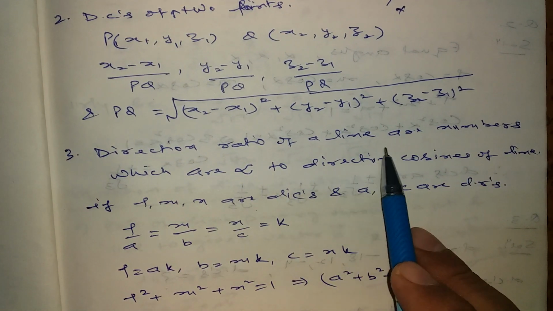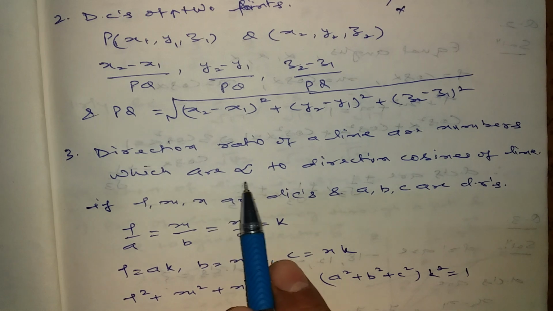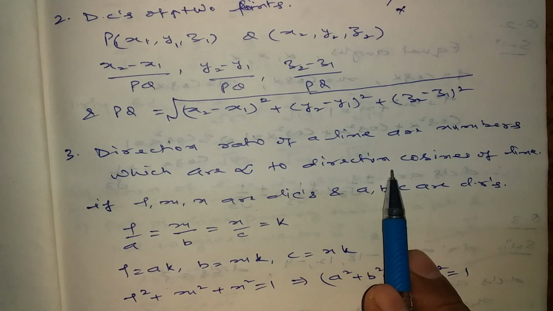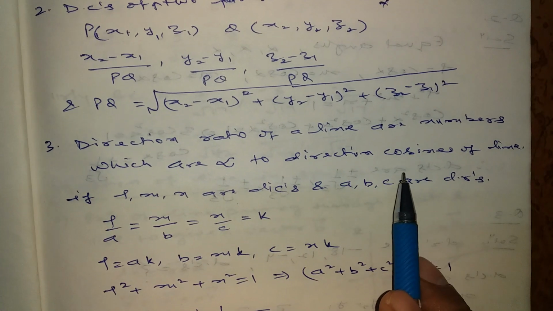Direction ratios of a line are the numbers which are proportional to the direction cosines of the line. This is very important.